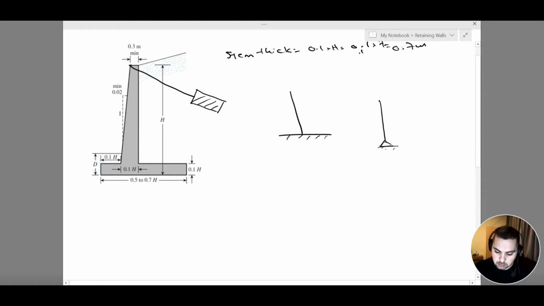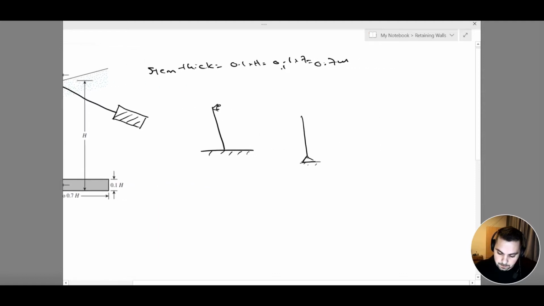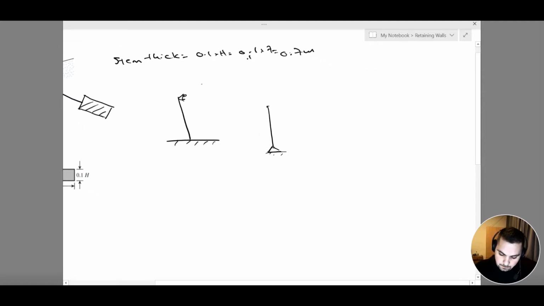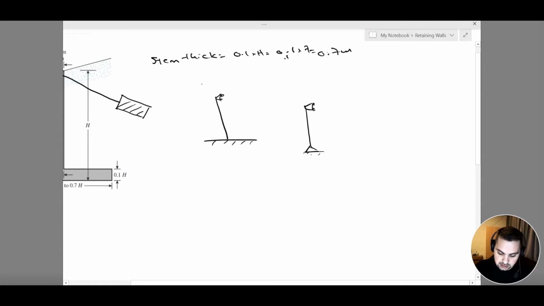Now we are going to have a roller on top. The bending moment diagram of a fixed end here from a restrained wall system is going to look like this, whereas this here is going to look kind of like this.